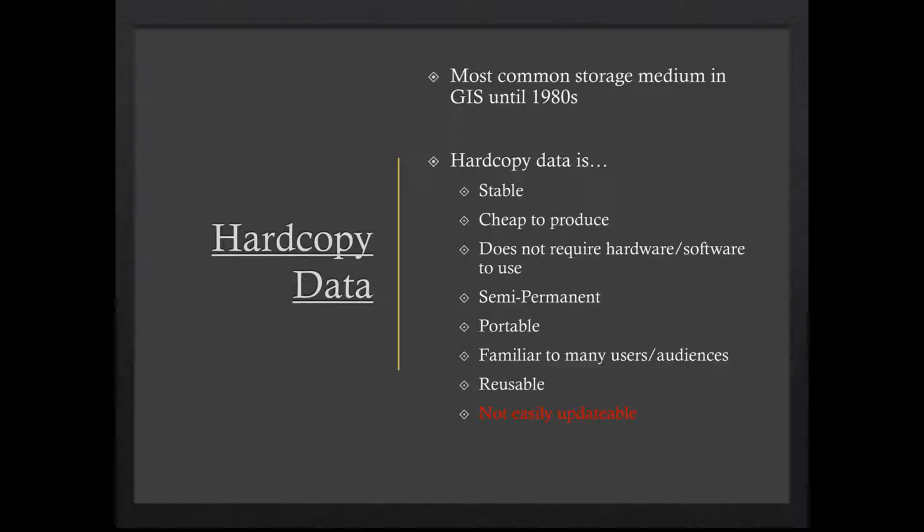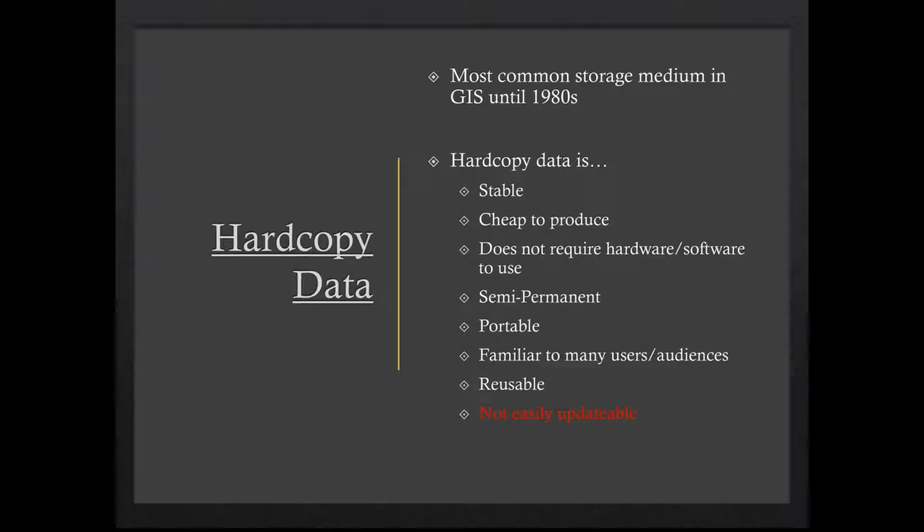Hard copy data, such as data stored on paper maps, was the most common medium of storage for GIS until the 1980s. The positive aspects of hard copy storage is that it is a stable medium, which means that it cannot get a virus, can't run out of battery power, or crash like a computer.